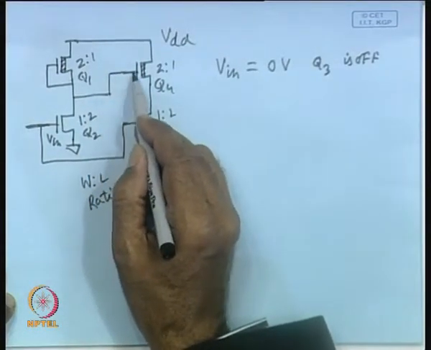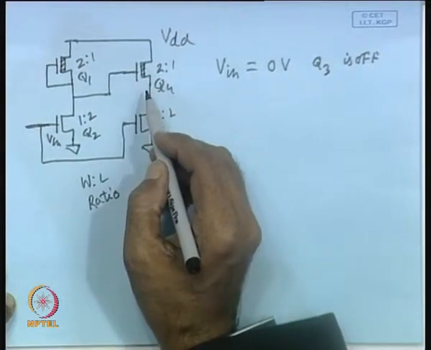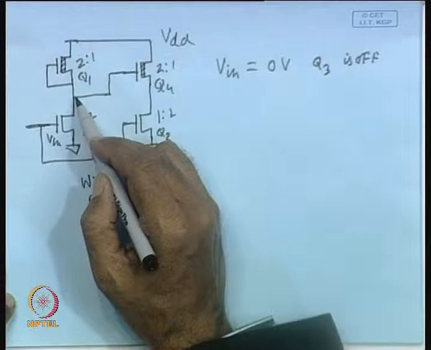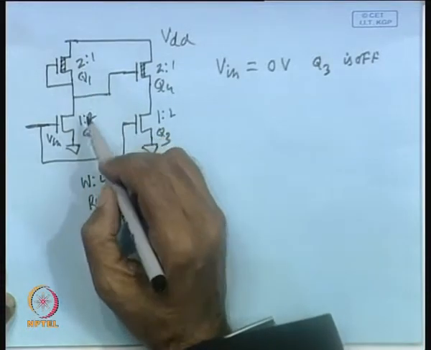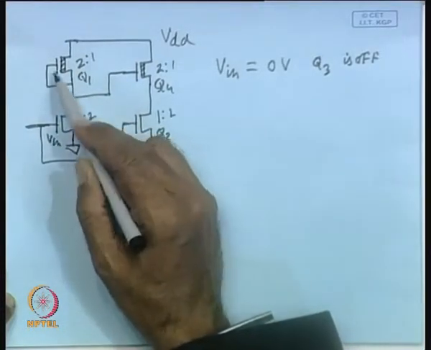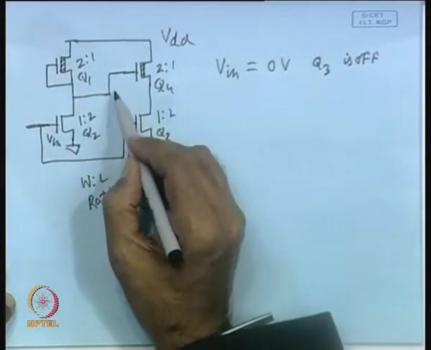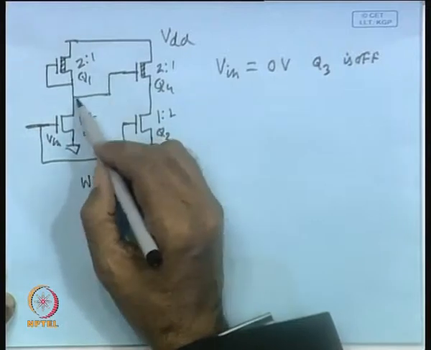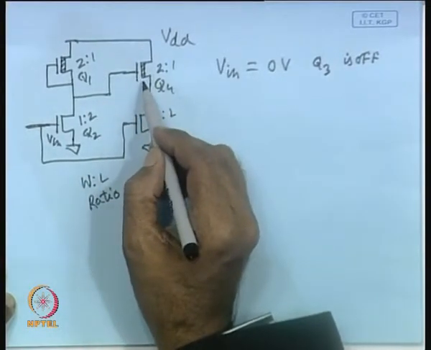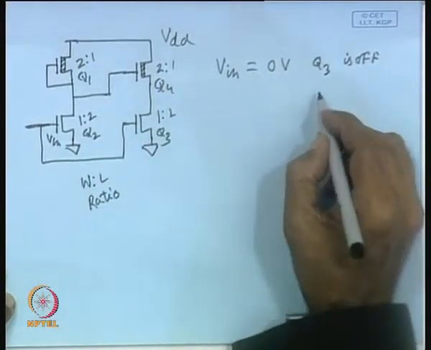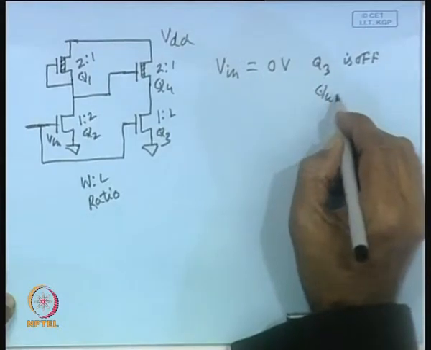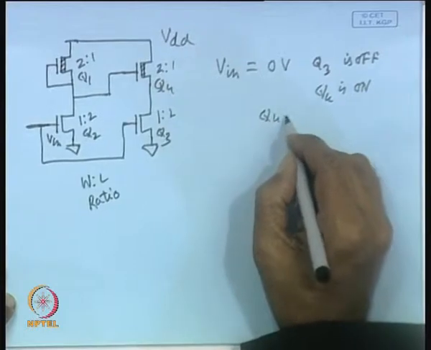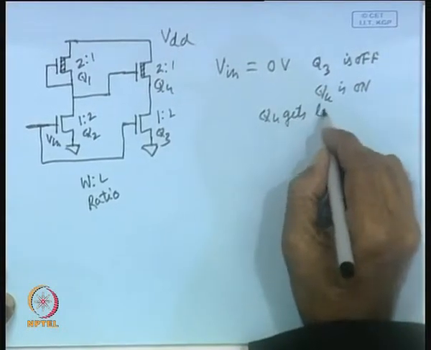The drive to this transistor is quite large, because here it will be VDD only, because this transistor will remain on throughout. As a result, it will apply VDD output to the input of this particular transistor. As a consequence, Q4 is on. Not only on, Q4 gets large drive.